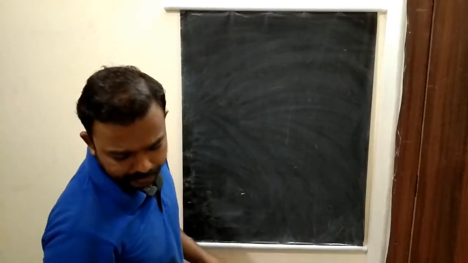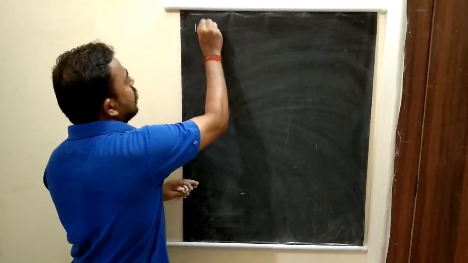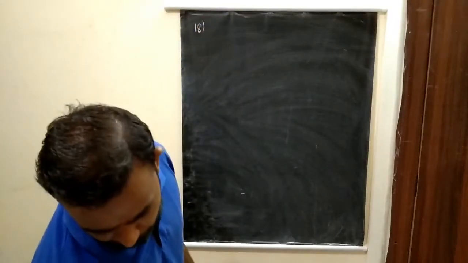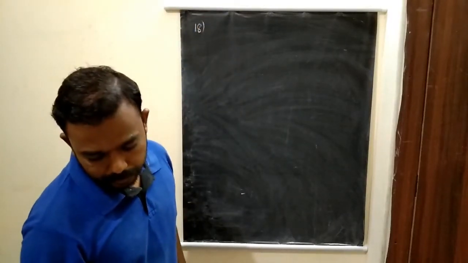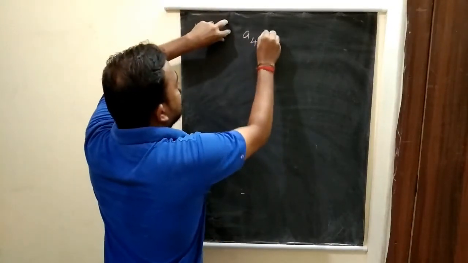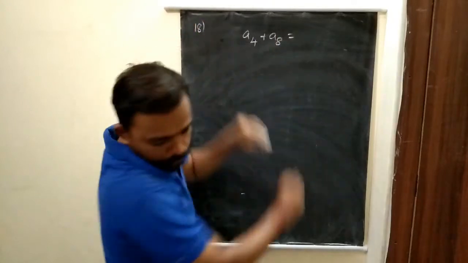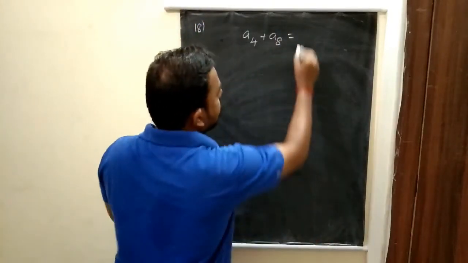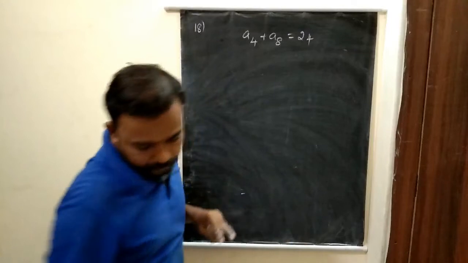Next problem 18. The sum of fourth and eighth terms of an AP, that is A4 plus A8 equal to 24. First one.